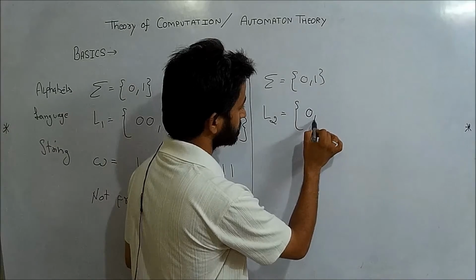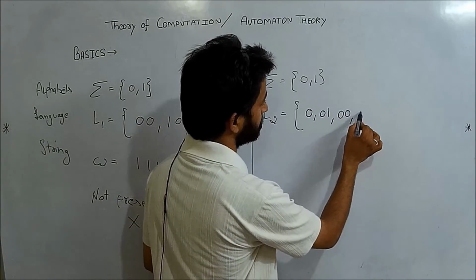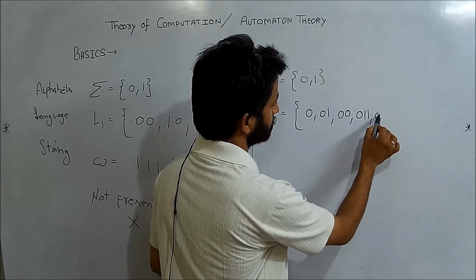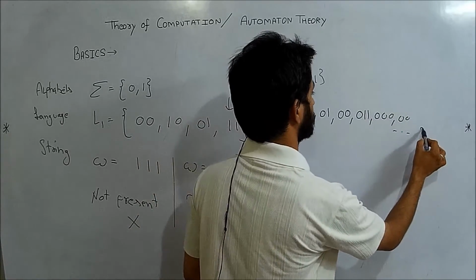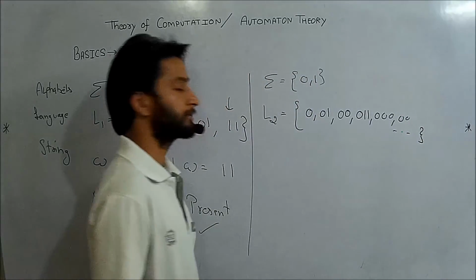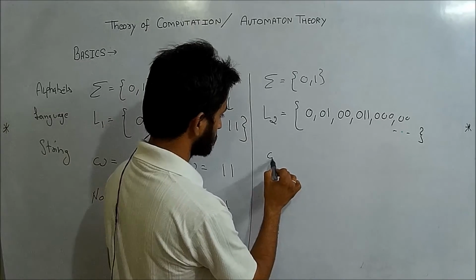The possible strings are 0, 00, 01, 000, 001 and so on up to infinity. So this is the case of an infinite language.